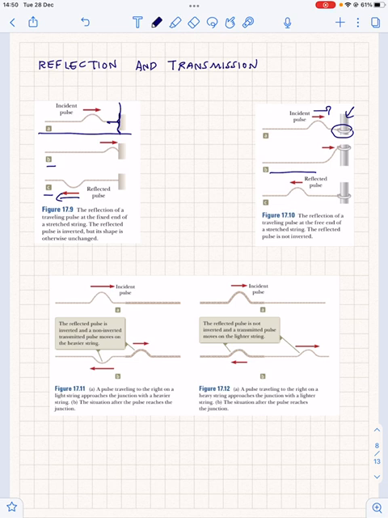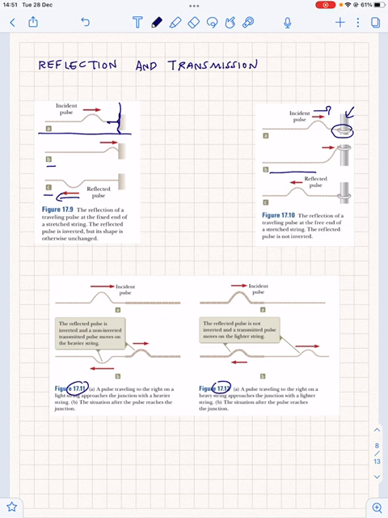So for the last one, we have figure 17.11 and figure 17.12. We have a light string attached to a heavier string in figure 17.11 as well as 17.12.